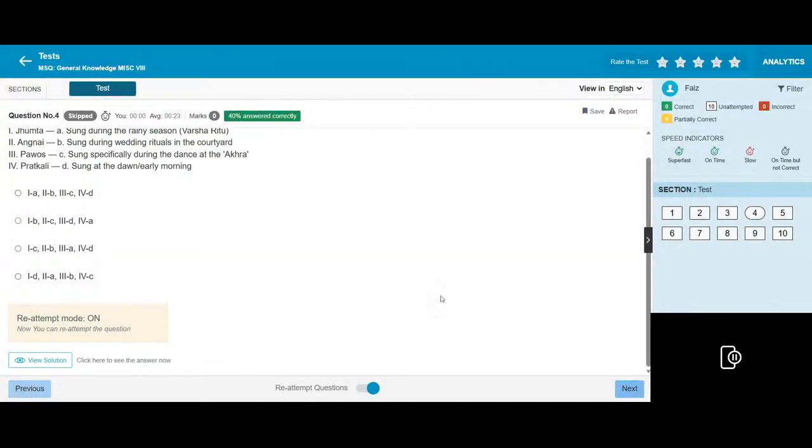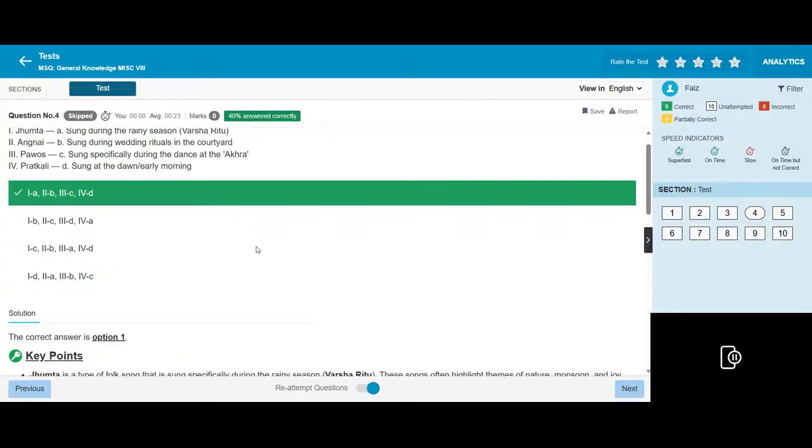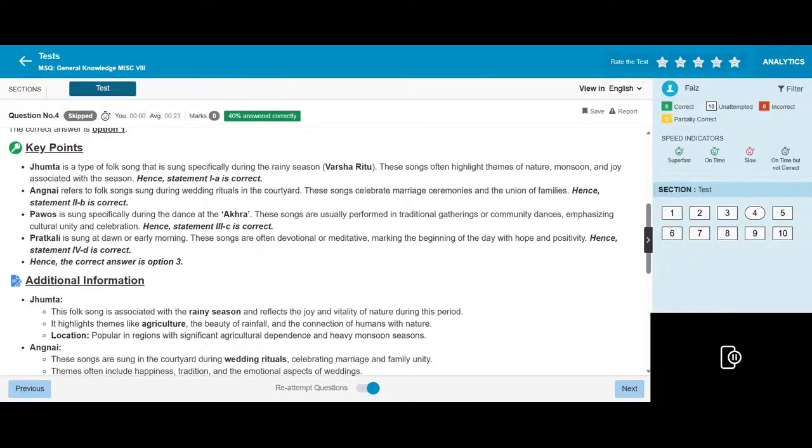Kajri is a type of folk song that is sung specifically during the rainy season. The songs often highlight themes of nature, the monsoon, and the changing seasons. Sohar refers to folk songs sung during weddings and childbirth.